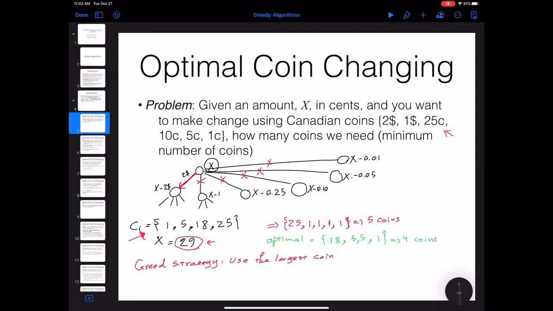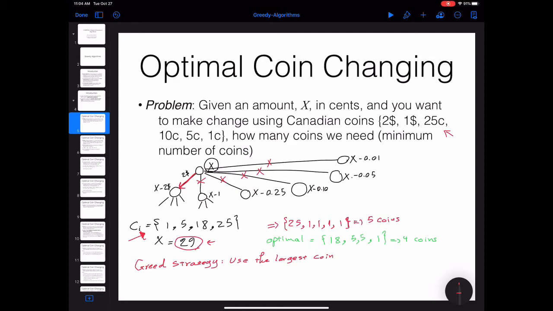Over this lecture, I will show you different examples, and I will discuss some greedy strategies which are not optimal, giving you some counterexamples to prove that they are not optimal, and give you some examples where the greedy strategy works and gives you the optimal answer, and we have to prove that it is optimal.